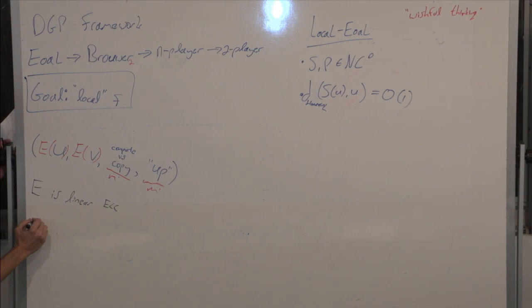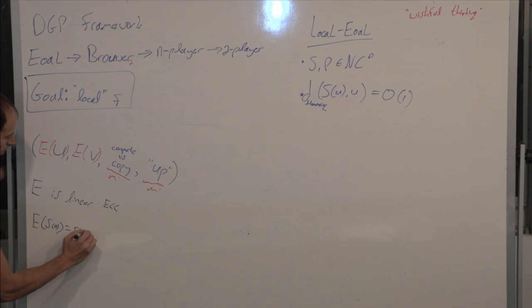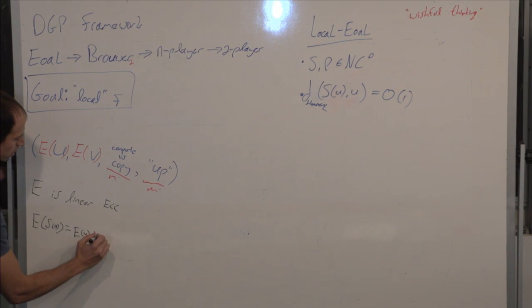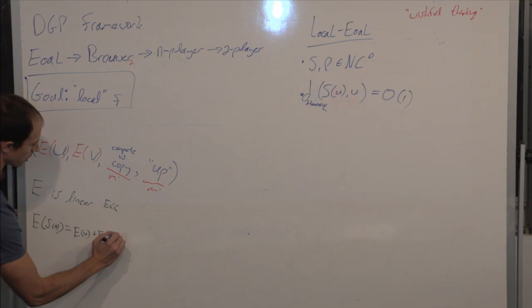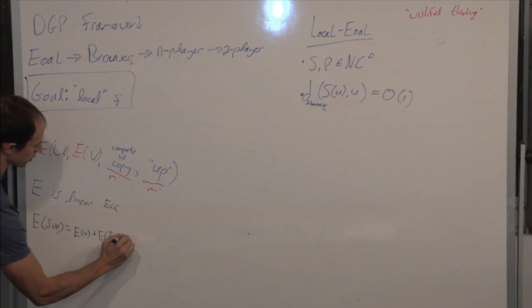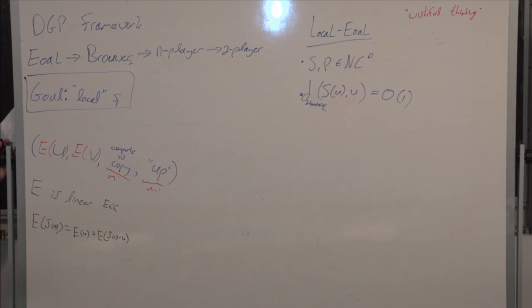Okay. So if E is linear, I can write the encoding of S of U, that's where this path is going to, is equal to the encoding at U plus the encoding of S of U minus U. Now this is small.